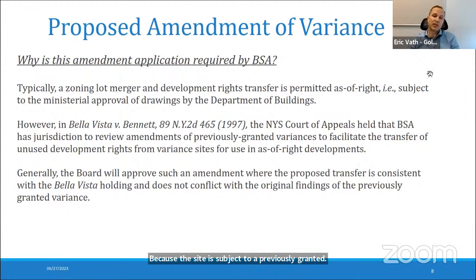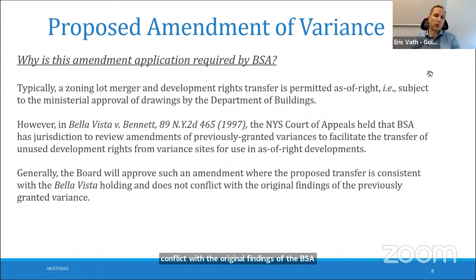And BSA will look at certain findings. The first thing they want to do is make sure that it's consistent with this Bella Vista holding, which establishes a couple of points that I'll get to in the next slide. But the other point is to make sure that it doesn't conflict with the original findings of the BSA variance.